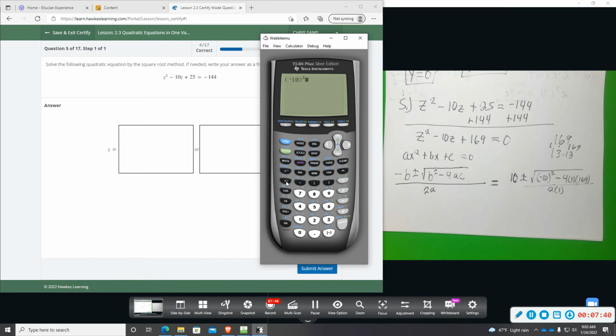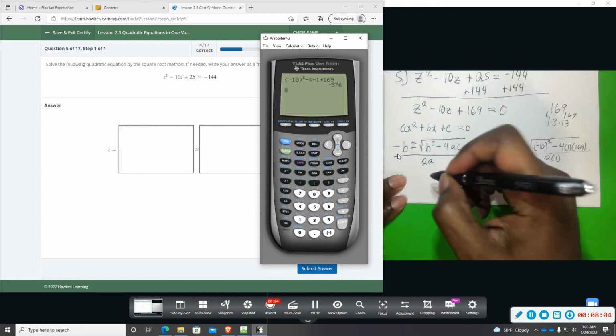So negative 10 squared minus 4 times 1 times 169. And this is just going to give me the answer to what's under the square root. So that is negative 576.